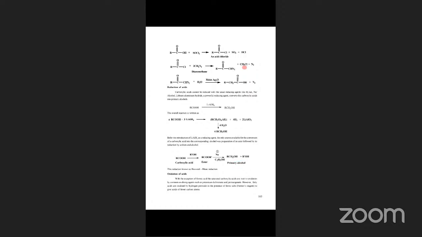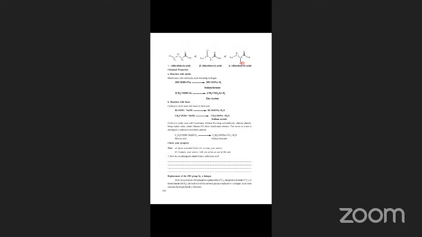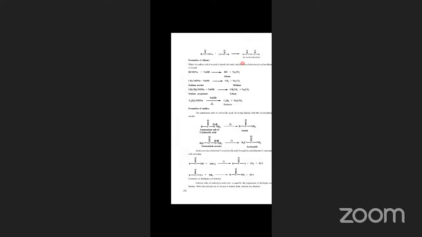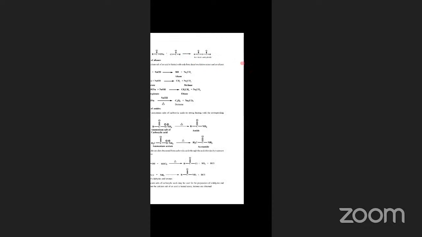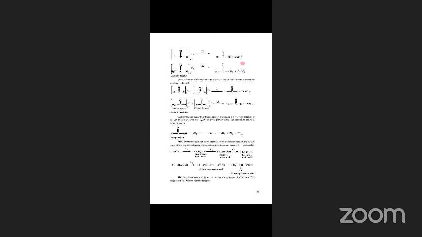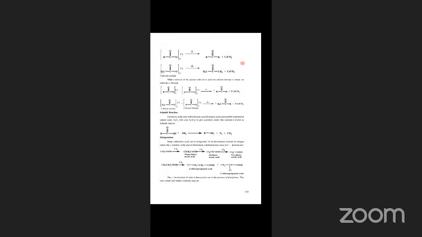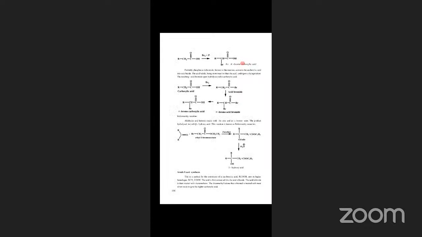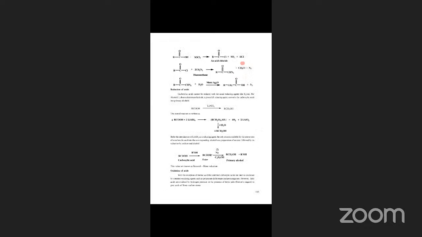See, from the first, there are many of them here, so no need to write. Reaction with metal, reaction with base, reaction with phosphorus halides, ester formation, anhydride formation, formation of alkanes, formation of amides, formation of salts, Schmidt reaction, halogenation, Hell-Volhard-Zelinsky reaction, Arndt-Eistert reaction, reduction of acids and oxidation of acids.